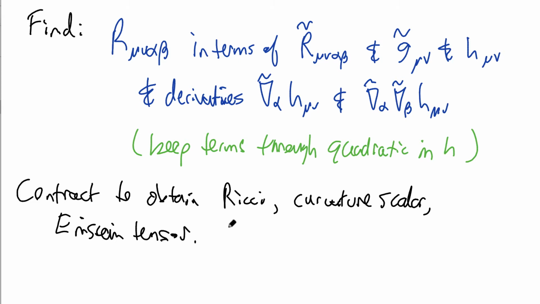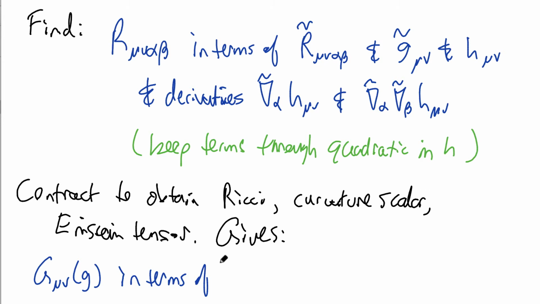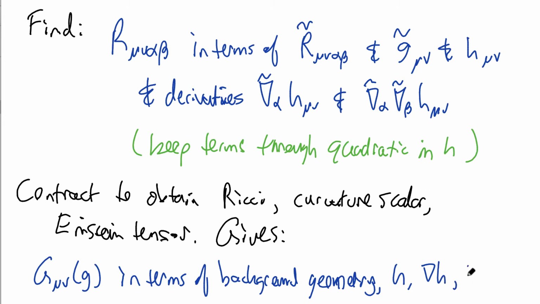In particular, this gives us the Einstein tensor, G mu nu of the full metric g in terms of the background geometry, and also h and its first and second derivatives.